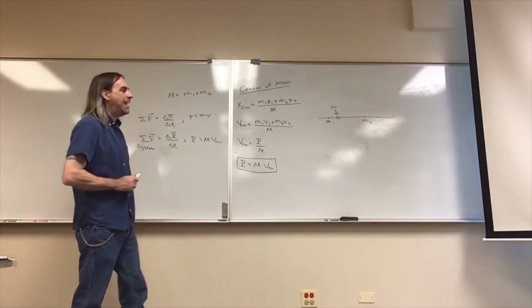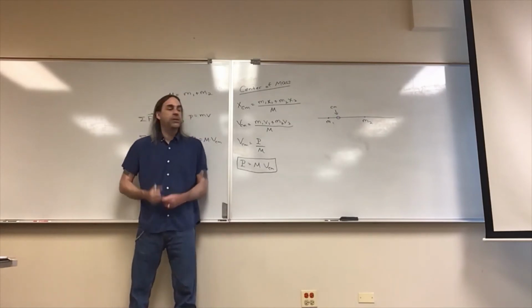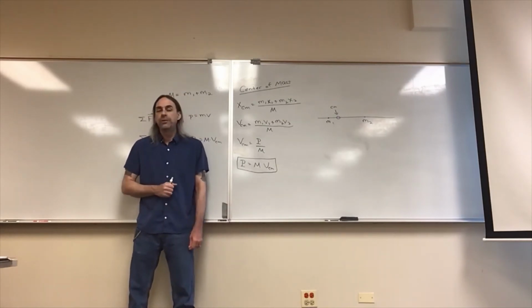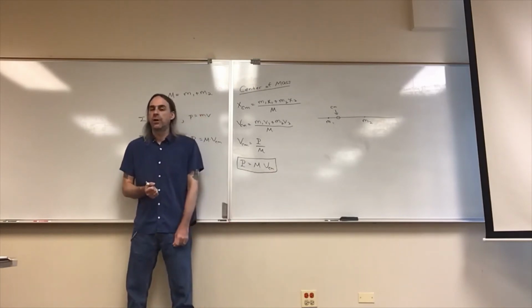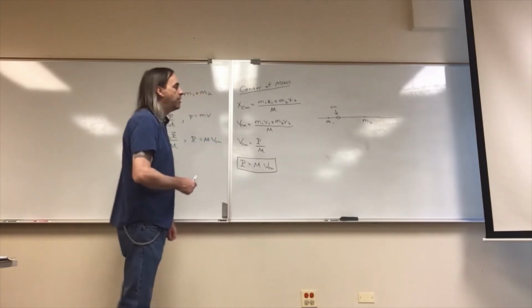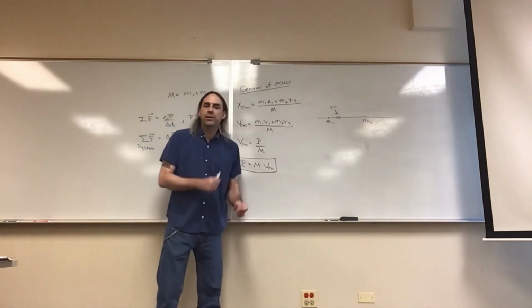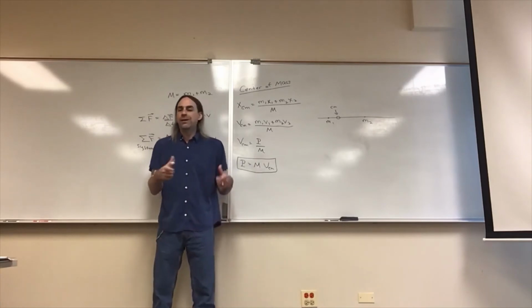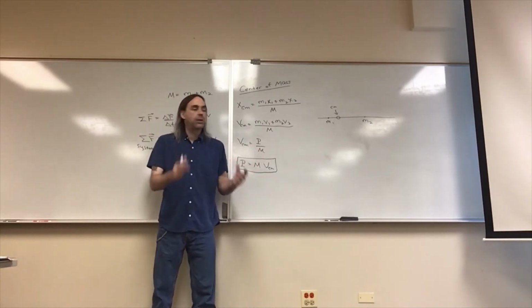And there are some cases where looking at collisions, because you can see that some of these problems get fairly complicated, sometimes if we actually switch to this center of mass reference frame, it makes things easier to analyze. So if we have a collision problem, we can just deal with it directly in what we call a lab frame, where we're considering ourselves at rest and both these objects are moving.